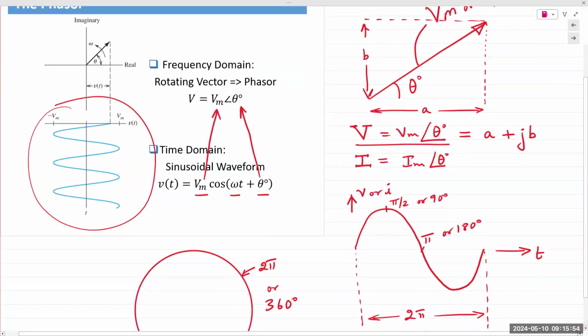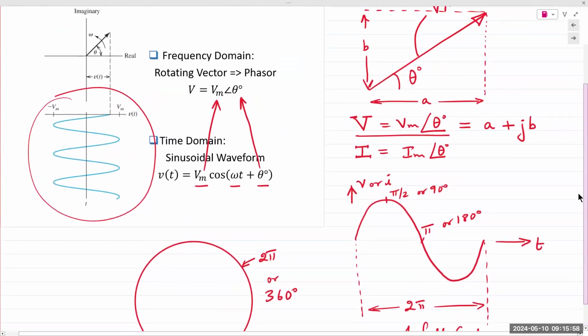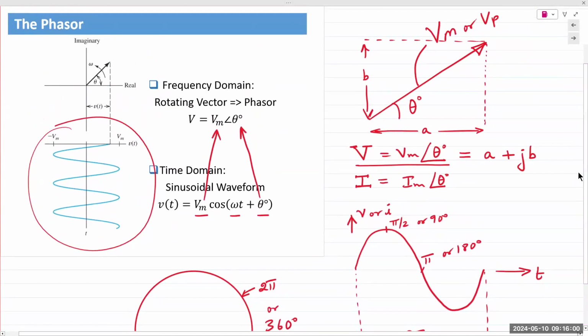There is a condition that must be met in order to perform this transform: the time domain expression must be in cosine, not in sine.